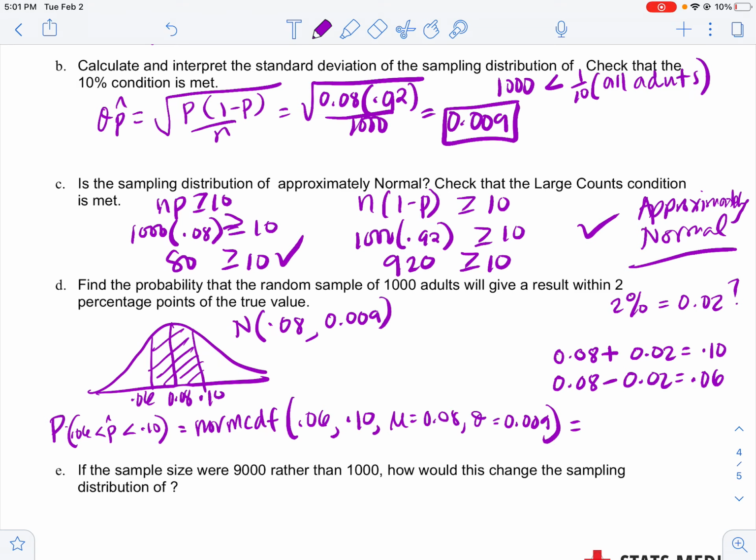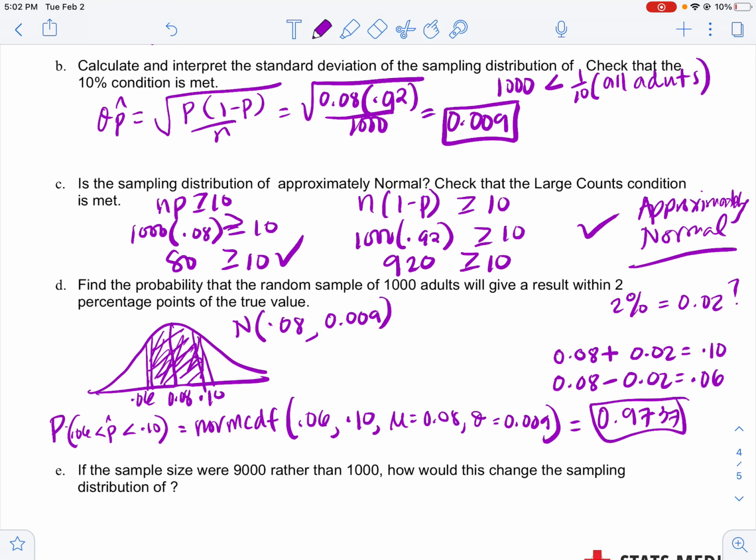And there you go, that's better: 0.9737. So 97.37% will give us a result within 2% of the true value, because the true value was 0.08, given that 8% don't have a developable cavity.